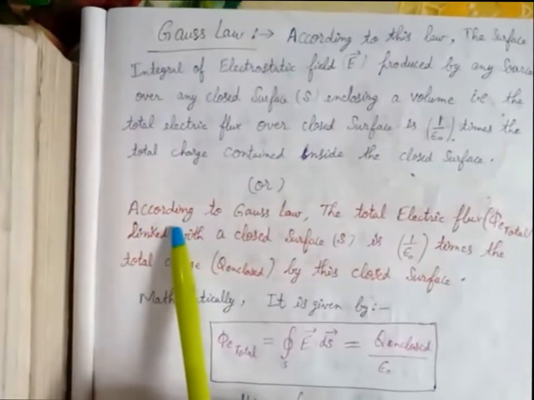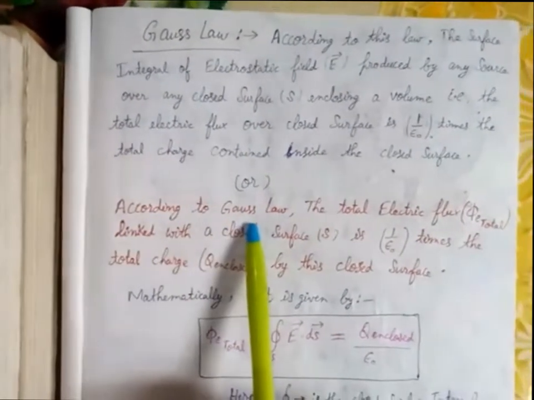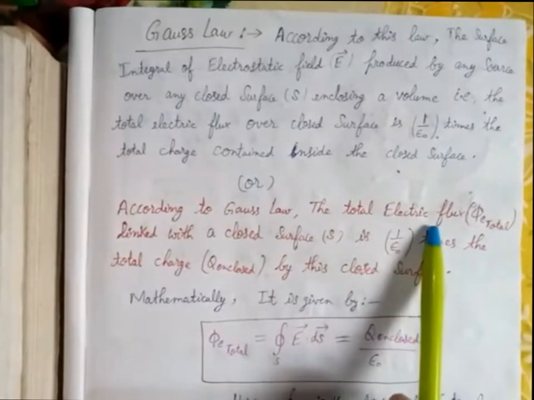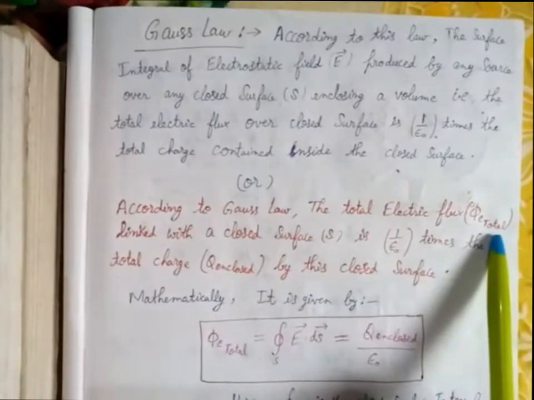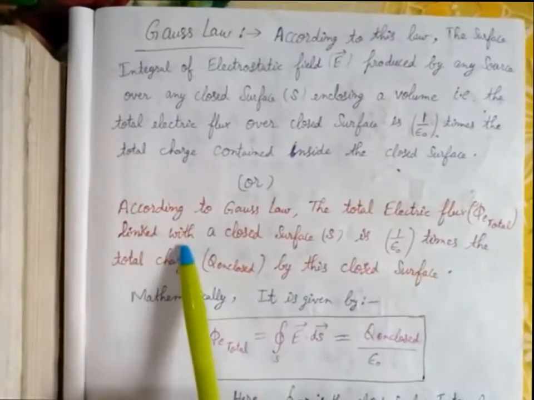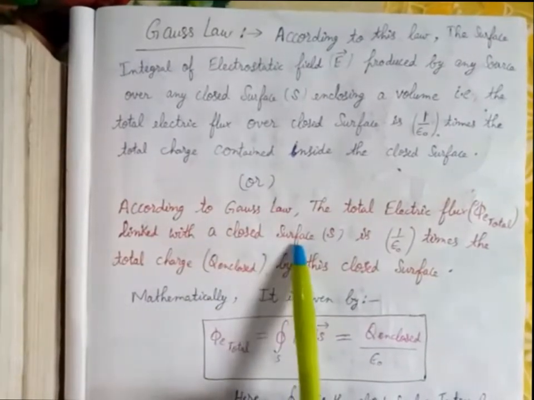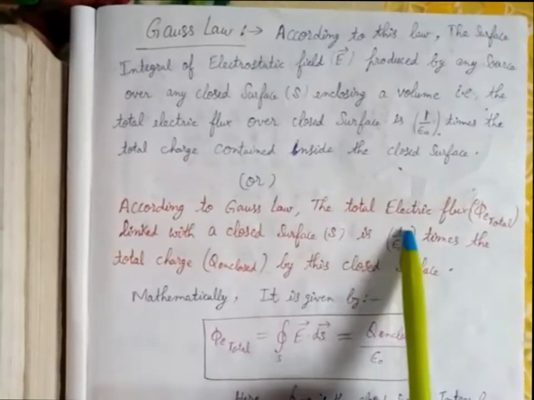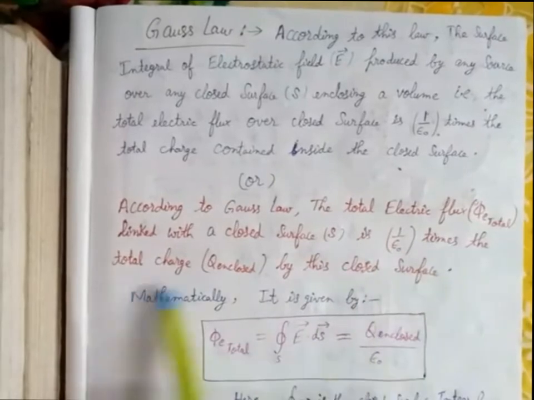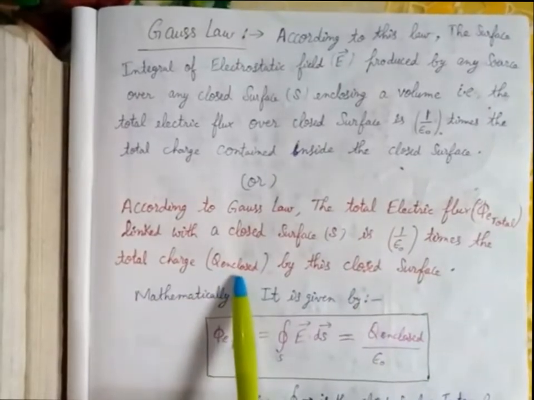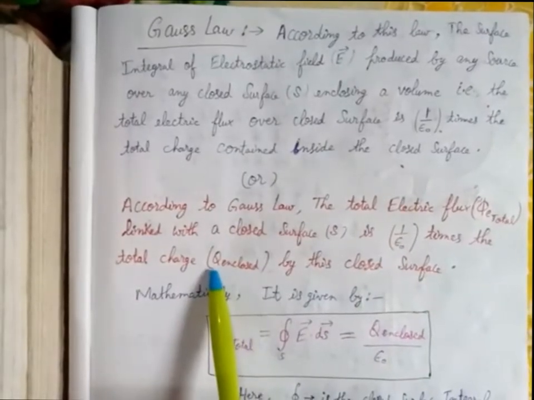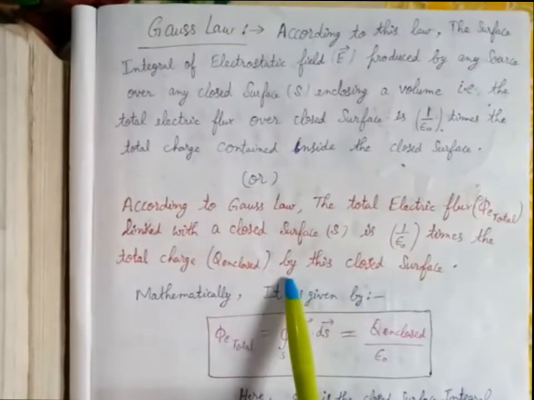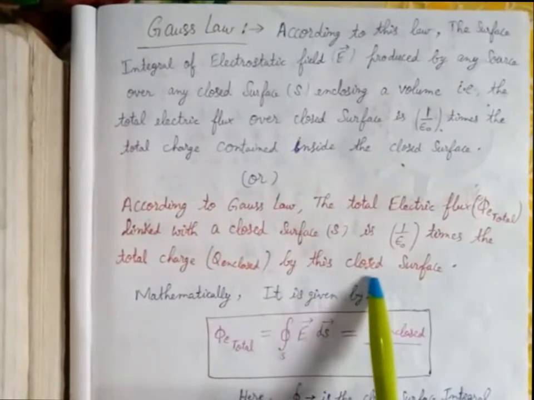According to Gauss law, the total electric flux, phi E total, linked with a closed surface S, is 1 by epsilon naught times the total charge enclosed, Q enclosed, by this closed surface.